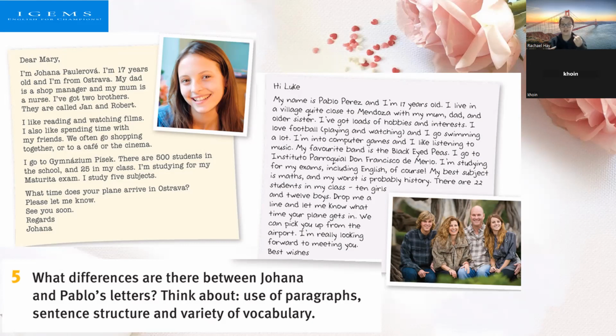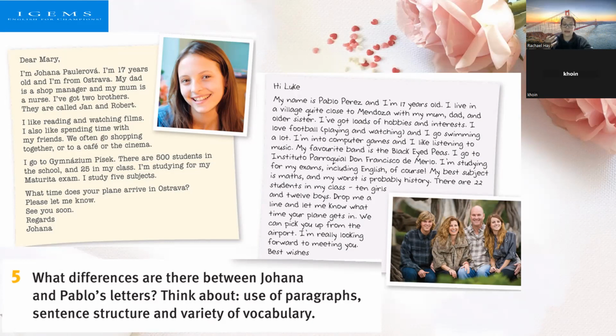So sentence structure and variety of vocabulary actually goes together. So if you look at Joanna, I'm Joanna Polarov, stop. Very short, simple sentences. I'm 17 years old and I'm from Australia. Simple, straight to the point. My dad is a shop manager and my mum is a nurse. Short, simple, straight to the point. And her vocabulary is very formal. She uses a very formal type of writing.